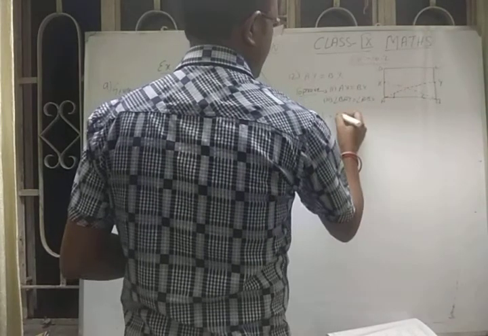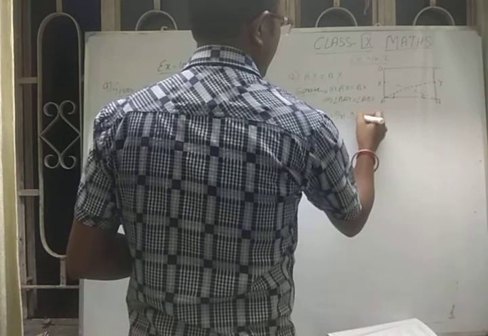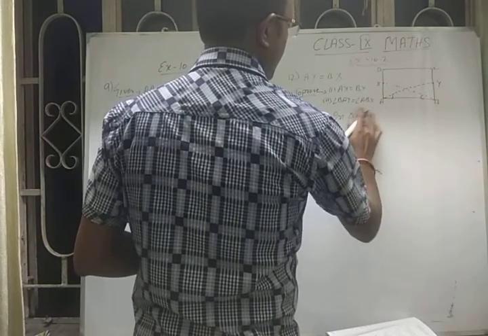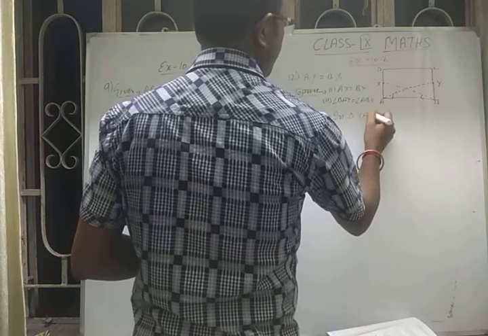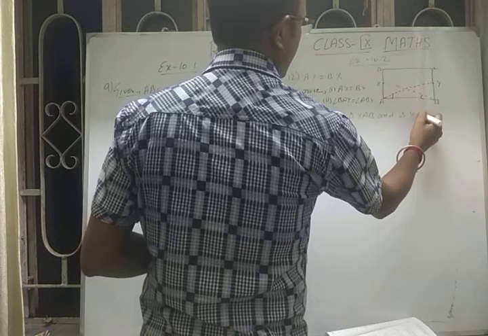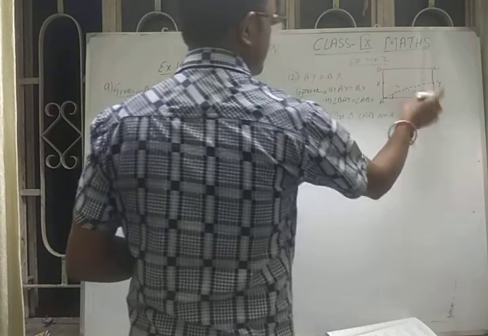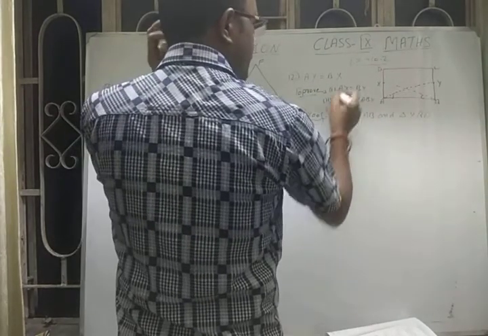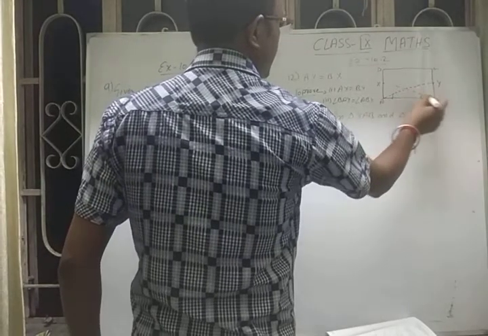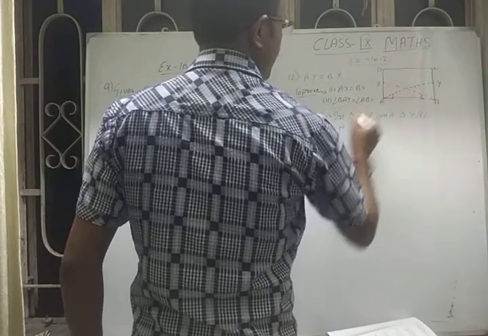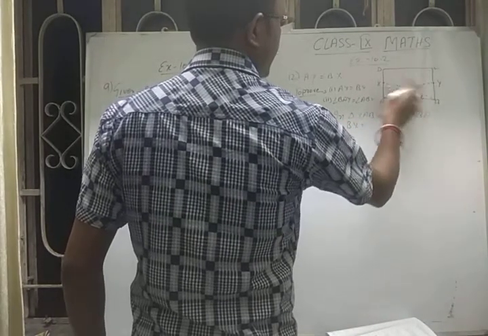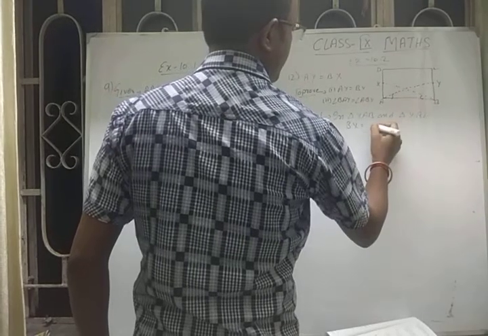So consider the triangle. In triangle XAB and triangle YBA, first of all, in this triangle you can write BX is equal to, and in this triangle you can write AY.